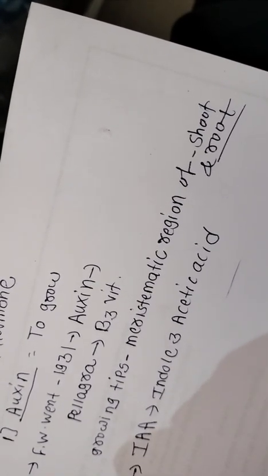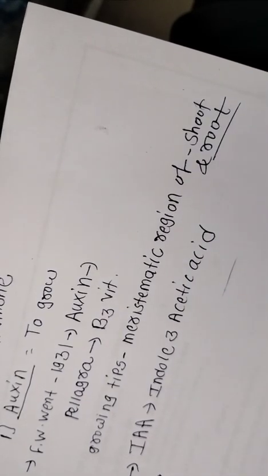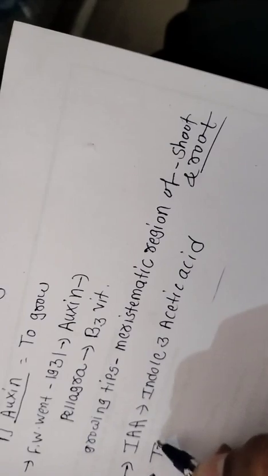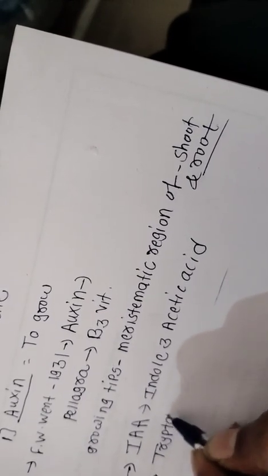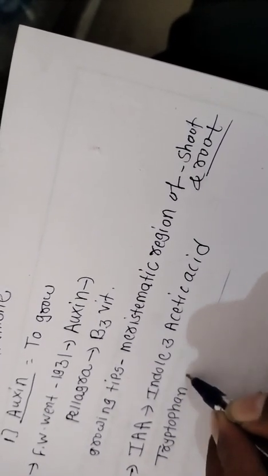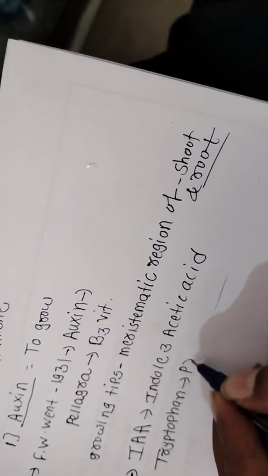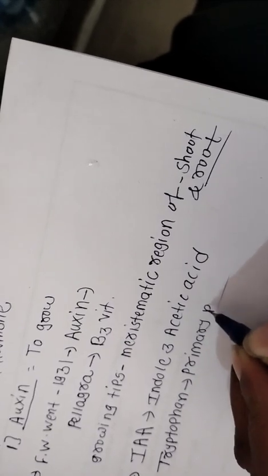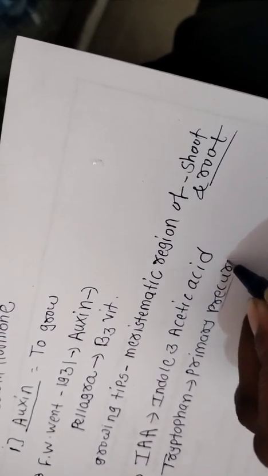Again, a most asked question: the primary precursor of indole acetic acid in plants is one amino acid called tryptophan.